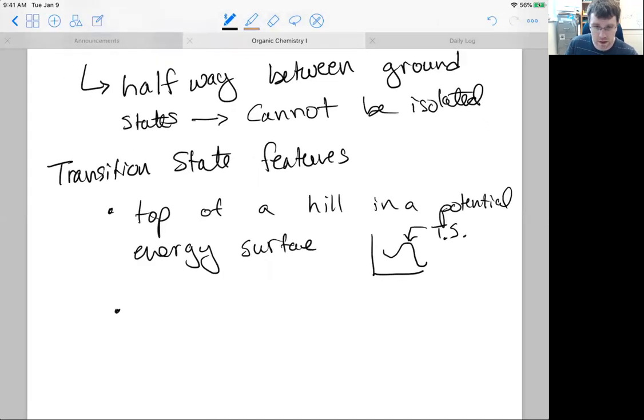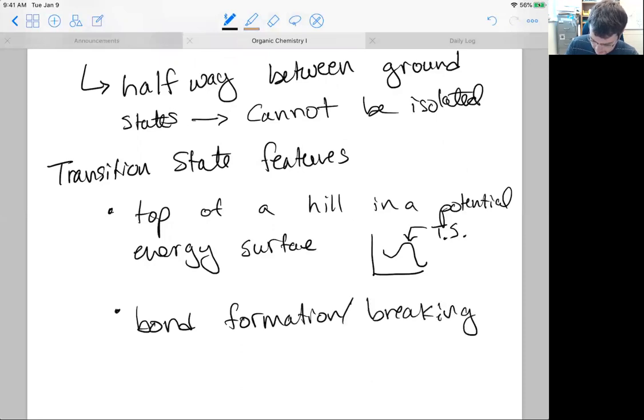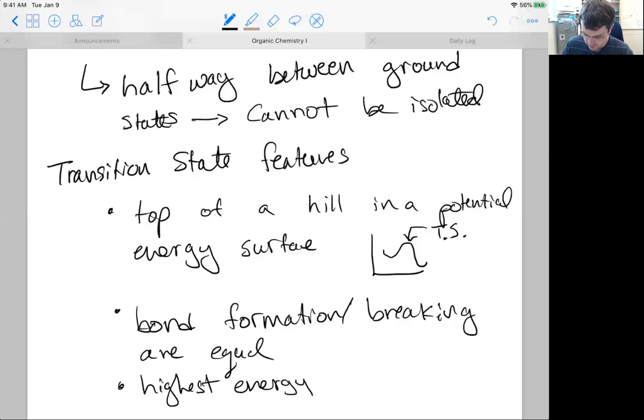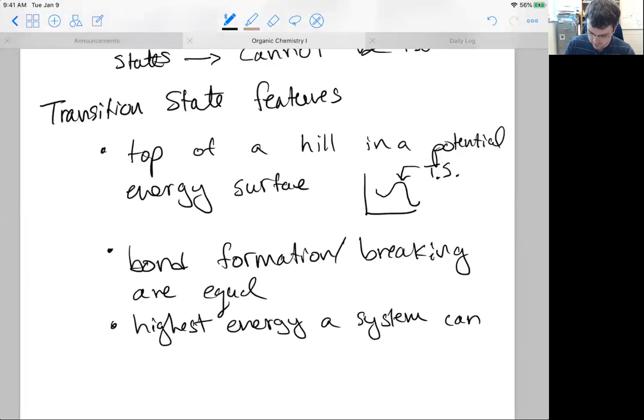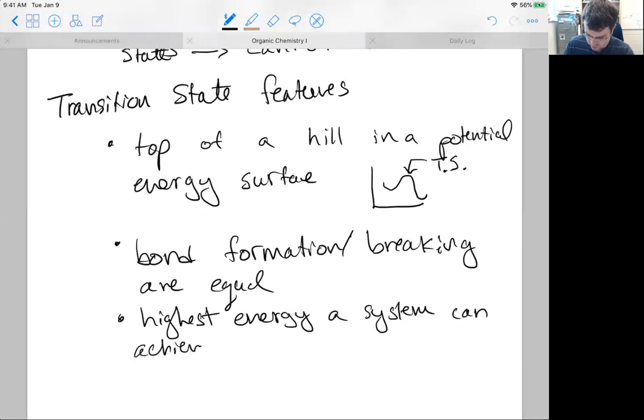Generally, bond formation and breaking are equal, and it's the highest energy a system can achieve before transitioning to another ground state.